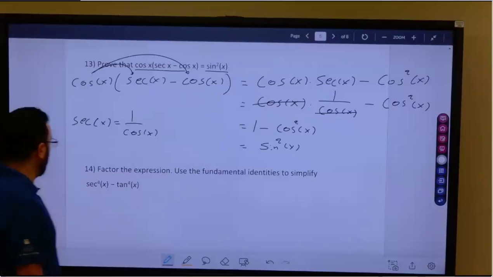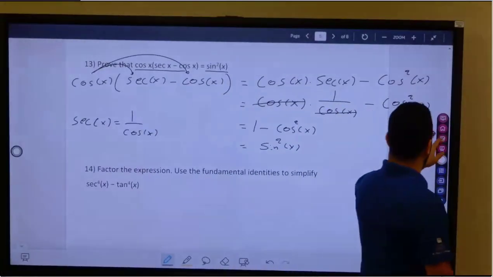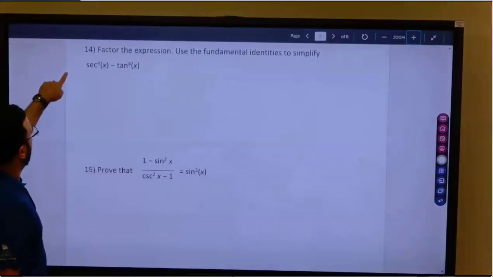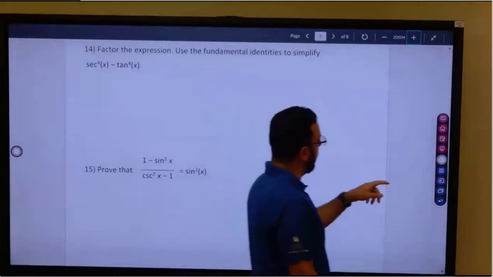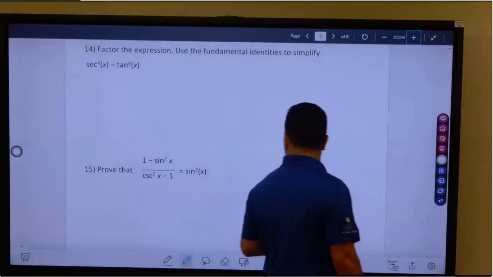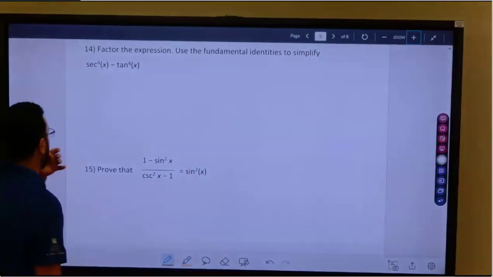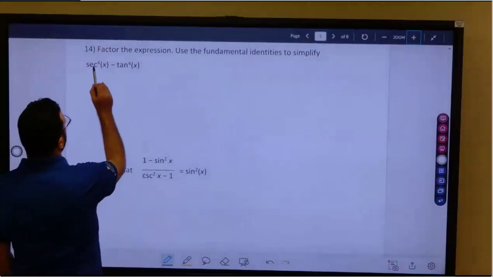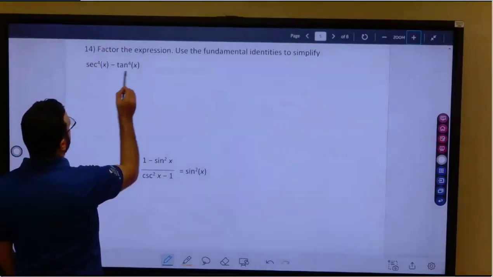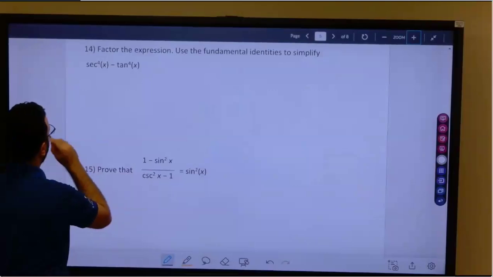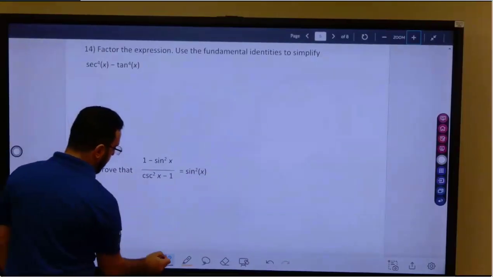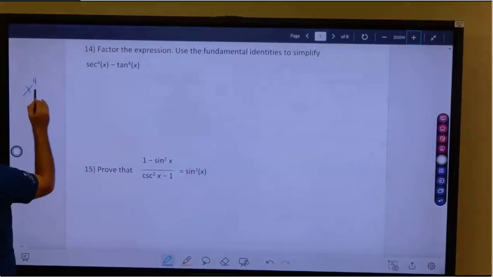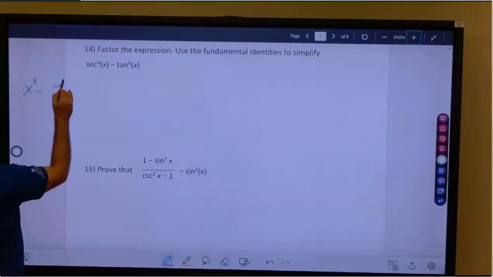Now let's go to example 14 and check what we're gonna do with example 14. We do exactly the same thing, but always you have to look what's the first key I have to use to solve this problem. So secant to the power 4 x minus tangent to the power 4 x. The first thing, if you look at this side, is like x to the power 4 minus y to the power 4.